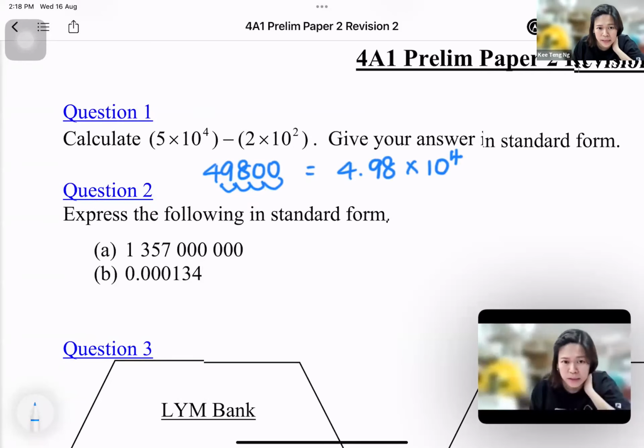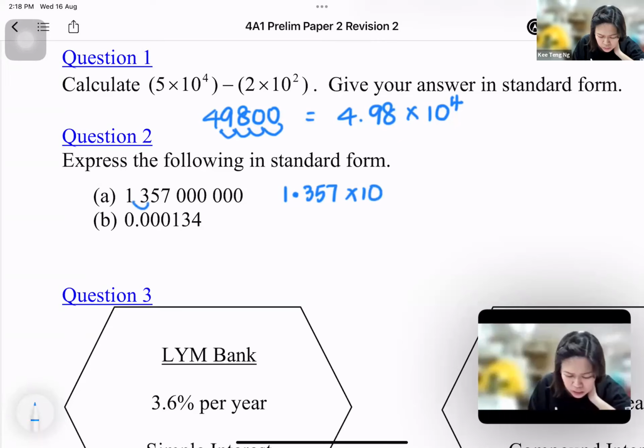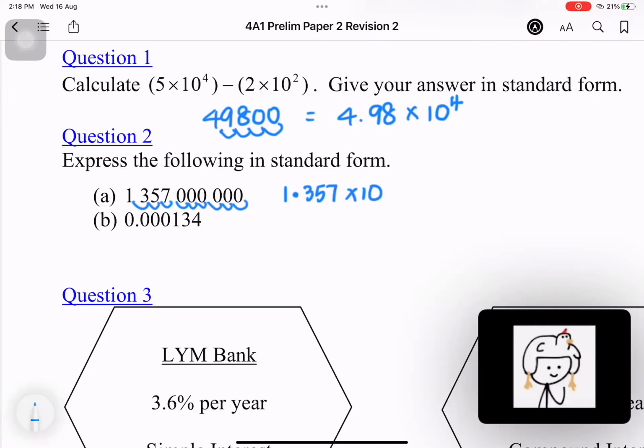Then second question, express the following in standard form. Again, I want the number smaller than 10, bigger than 1. So it's 1.357 times 10 to the power of how many? Anyone give the answer? 10.